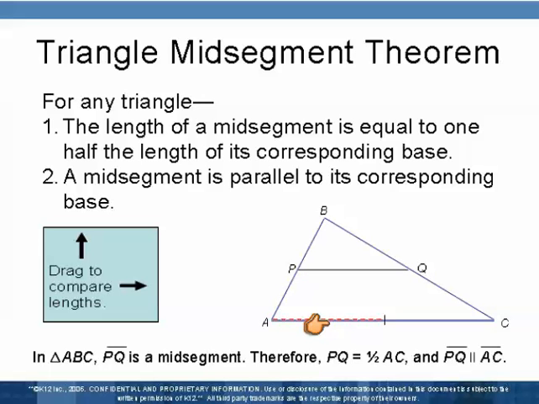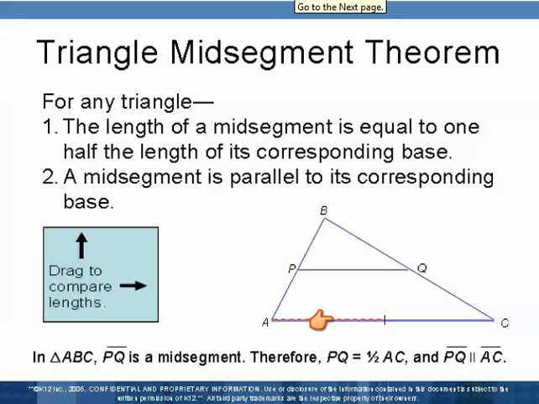Which is exactly backwards from what we were saying about the midsegments. We were saying if they're parallel to each other, then the midsegment is going to be 1/2 the length of the base. So that is another example of a condition and its converse being true.